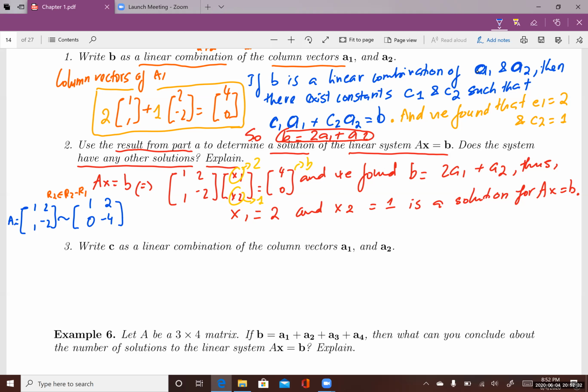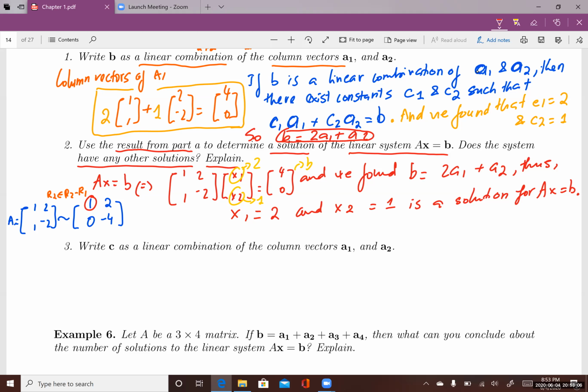And if you look at this, this is almost the row echelon form of A. Now we have one pivot. This is the pivot position, which is the pivot column. So the first column is the pivot column.